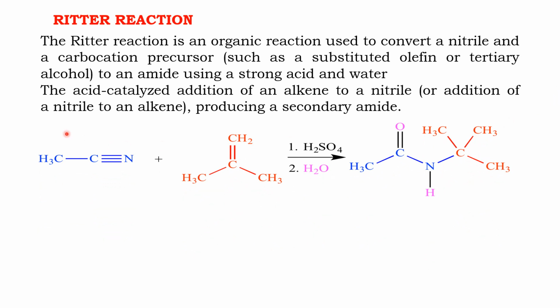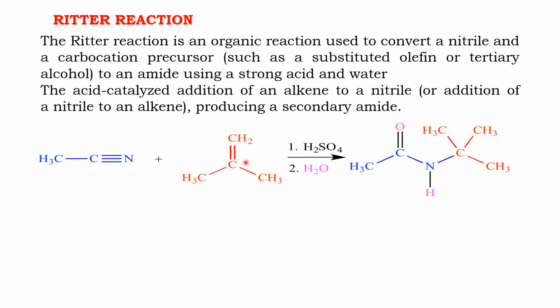See here, this is a nitrile, a C triple bond N compound. This is methyl cyanide, which is reacting with a double bonded alkene. This alkene can easily give you a carbocation. What is a carbocation?